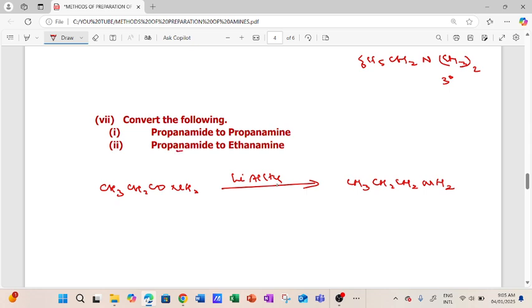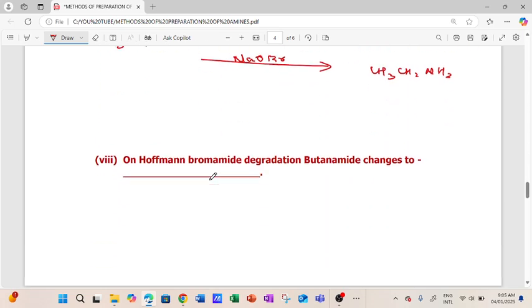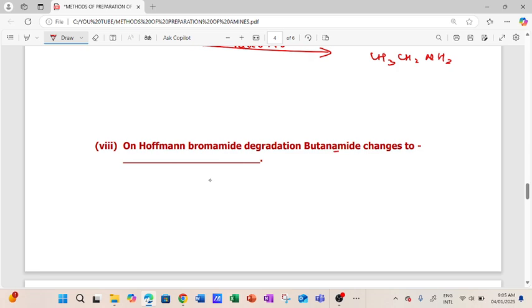But the second question is propanamide to ethanamine. Ethanamine is CH3CH2NH2. So for that we need to add NaOBr, Hofmann-Bromamide degradation.